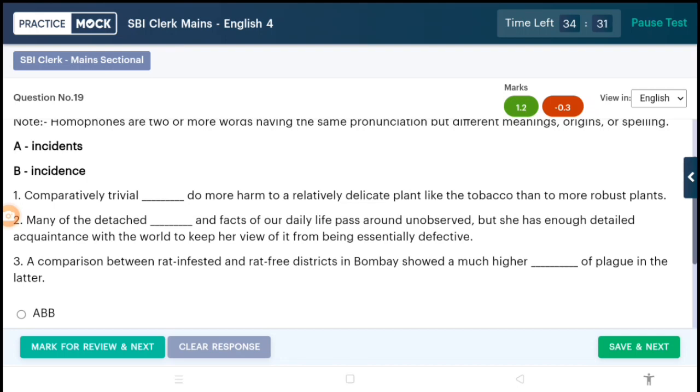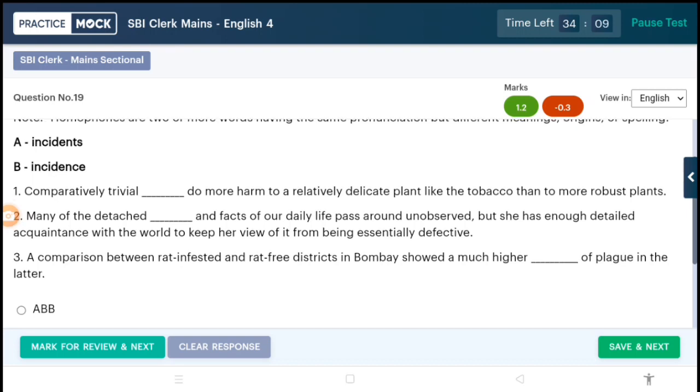Homophones are two or more words having the same pronunciation but different meanings, origins or spelling. Comparatively, trivial incidents. Many of the detached.